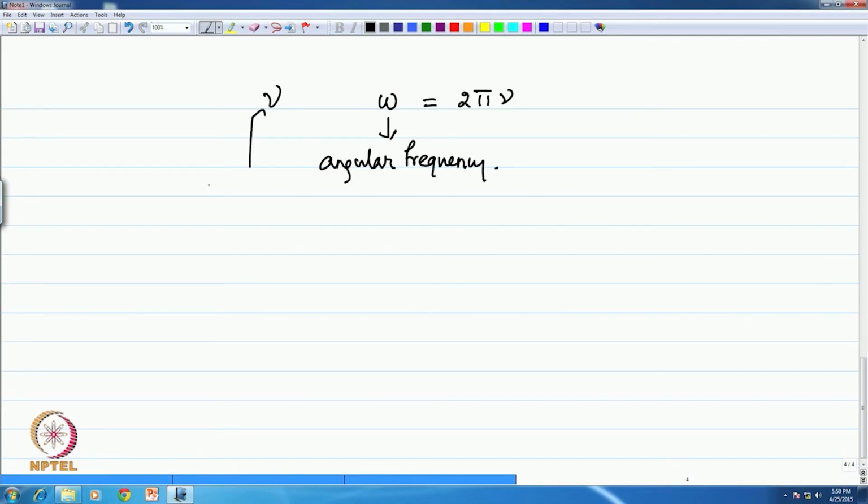This is the linear frequency per second. The frequency of a harmonic oscillator in a classical form is something that you all know. It is 1 by 2 pi square root of the force constant by the mass.